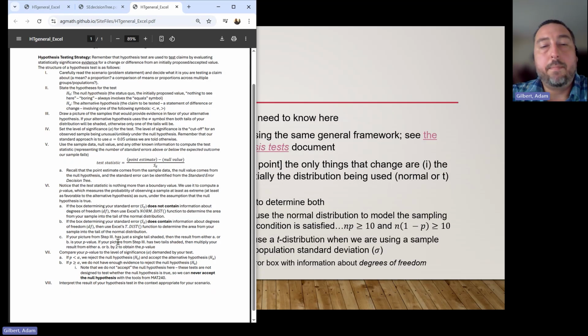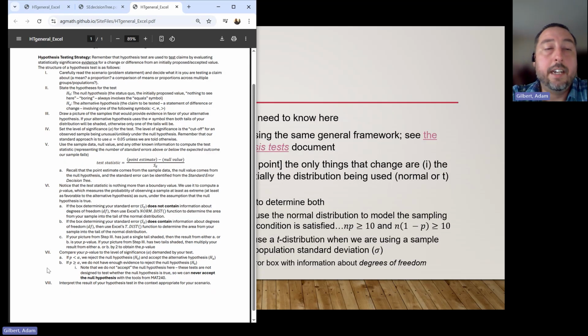Once we have that p-value, that probability from the normal distribution, we'll compare the p-value to our level of significance. Remember, that's our threshold for what it means to be unlikely versus not unlikely. If the probability of observing our sample data is less than that threshold, so that probability is low, we'll reject the null hypothesis and accept the alternative.